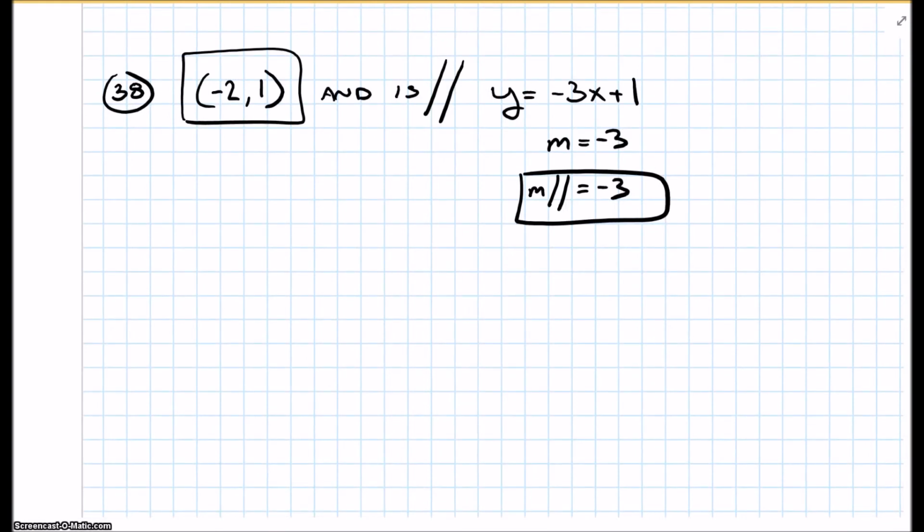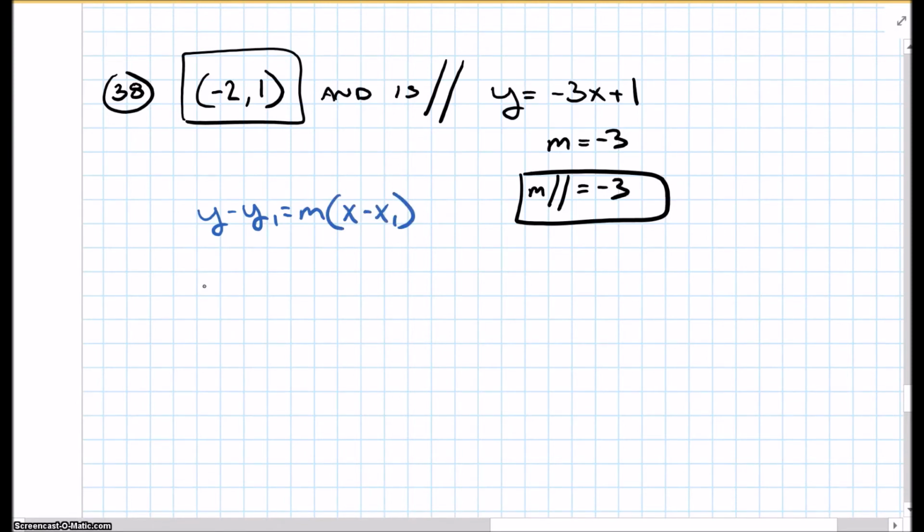Okay. So it says write an equation. It doesn't say which one, so we'll use point slope. So y minus y1 equals m times x minus x1. Okay, y minus our y1 value is right here, 1. So y minus 1 equals our slope, negative 3, times x minus negative 2.